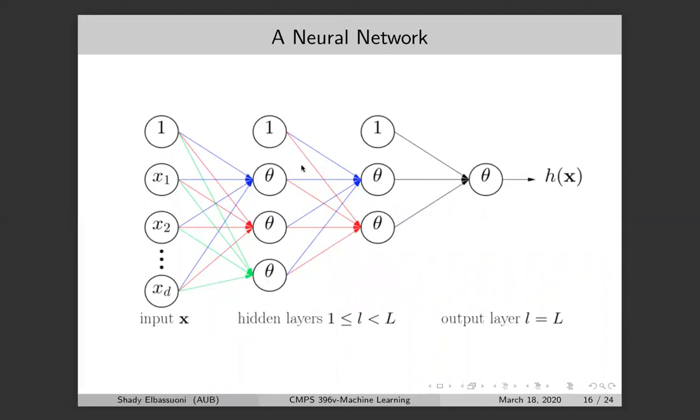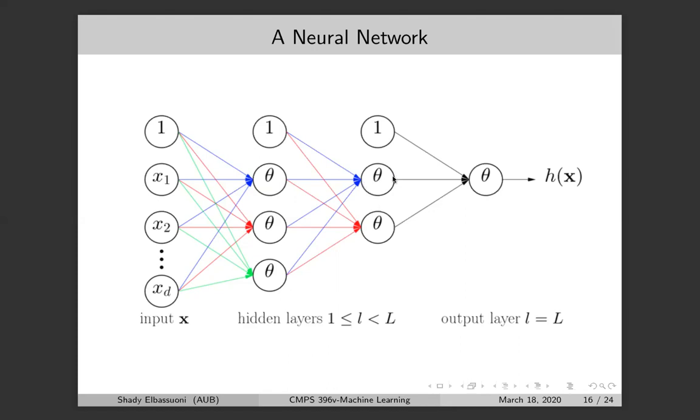So x1 of 1, x2 of 1, x3 of 1. What are these? These are weights again, so I have to learn them. They are multiplied by the input, which happens to be x1 of 1, x2 of 1, x3 of 1. That gives me a signal here, S1 of layer 2. And this is S2 of layer 2, because I have only 2 neurons here.